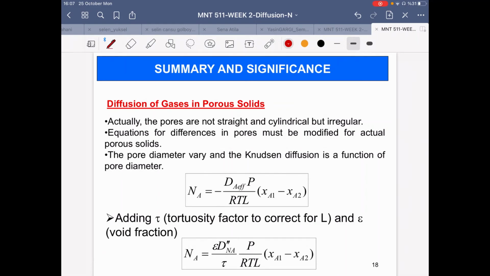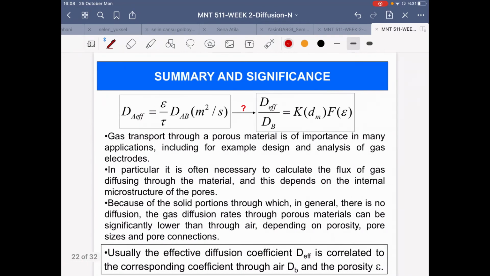And if you look at the summary and significance, actually the pores are not straight and cylindrical, but irregular. Equations for diffusion in pores must be modified for actual porous solids. The pore diameter varies, and the Knudsen diffusion is a function of pore diameter. Adding tortuosity factors and the void fractions, we learned to come up with this flux equation here.